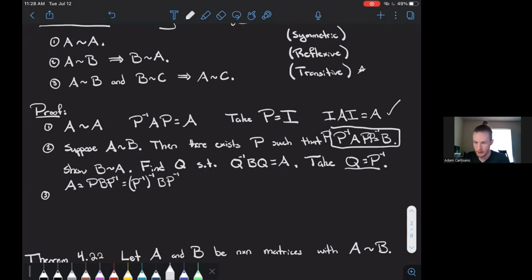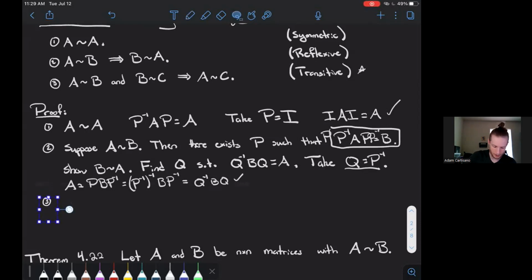But Q is P inverse. So this is just Q inverse B Q. So in other words, B is similar to A, and the matrix that you use is the inverse of the matrix that you use to show that A was similar to B. Okay, it's subtle. They're different, right?